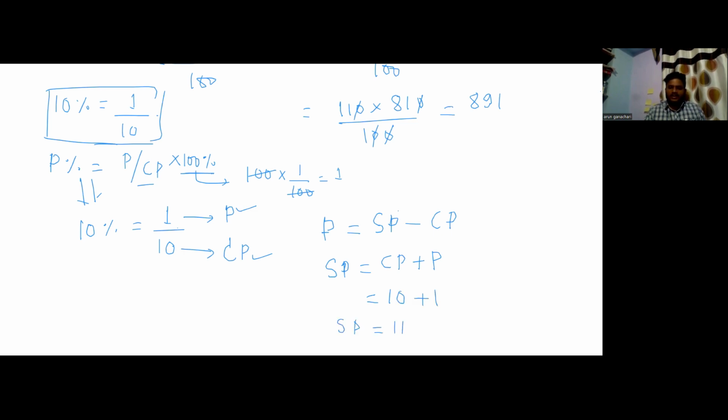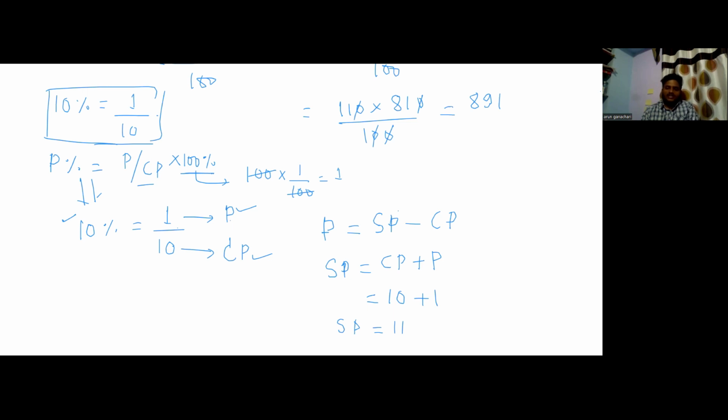Getting this, what I did? We'll do all of this in 10 seconds. Just trust the process. I am explaining everything in detail. I will repeat again. 10% can be written as 1 by 10. We compare it with our profit percentage equation. So P became 1, cost price became 10.